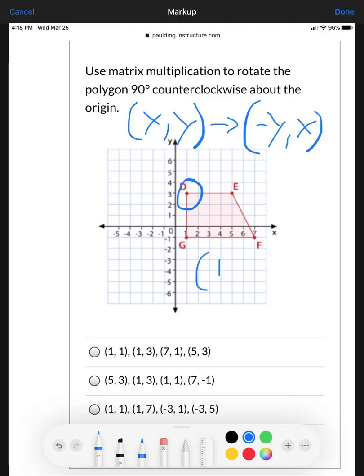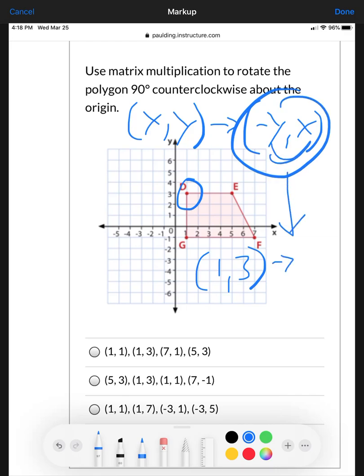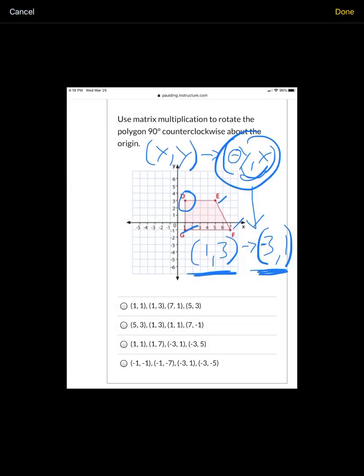Point D is at the point 1, 3. If I apply this rule to this point, that says to switch the X and Y coordinates and then change the sign of whatever's there. So this point rotated 90 degrees counterclockwise would then be this point. And that's what you do to the other 3 points. So that's what we're looking for in this question.